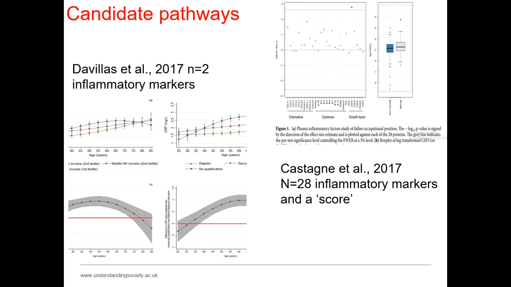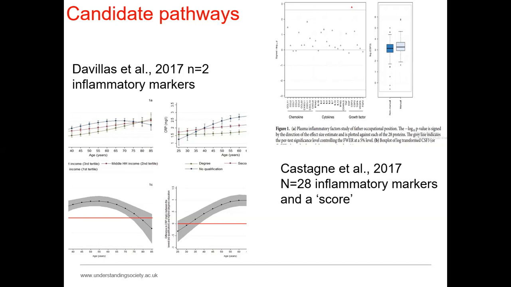The difference in inflammatory markers between those groups emerges in our participants who are in their 30s and remains there until they are in their 80s. So this diagram gives us a description of two inflammatory markers.